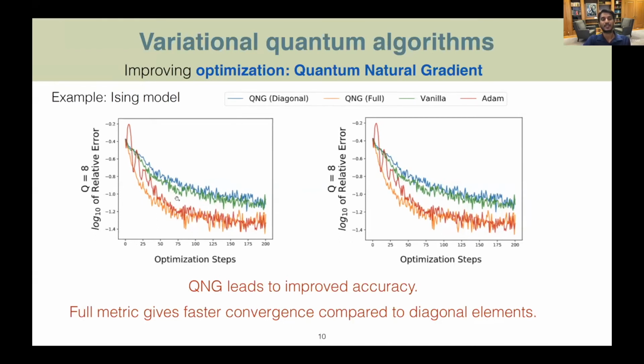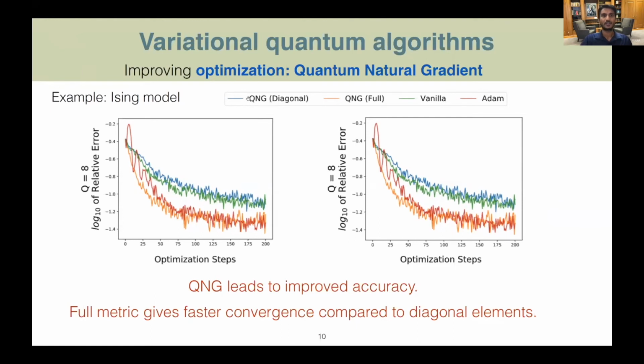It converges faster, and so one gets better results. So using quantum natural gradient, which employs the quantum device to compute the quantum Fisher information, is an example of how a quantum device can enhance the optimization process, not only the computation of the loss function, but also the optimization.